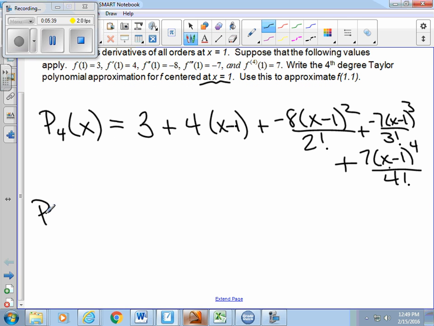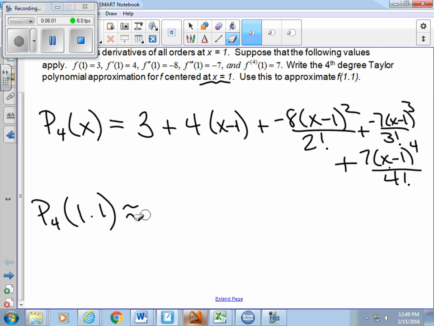Any questions about that one? Use this to approximate, and I am going to use a calculator just for time purposes. You could do it by hand because you'll just essentially be squaring 0.1 each time. But go ahead and give me the approximation of f of 1.1. So P4 of 1.1 equals... What does it equal?